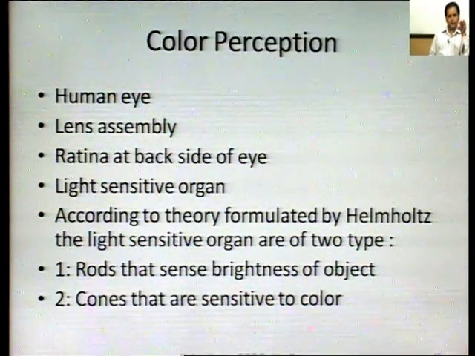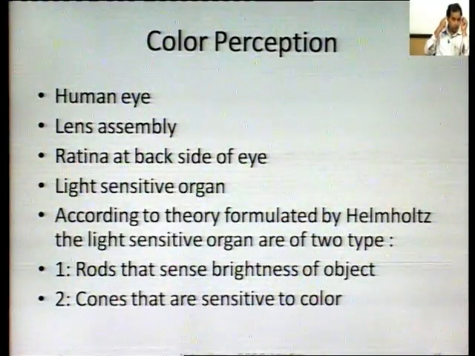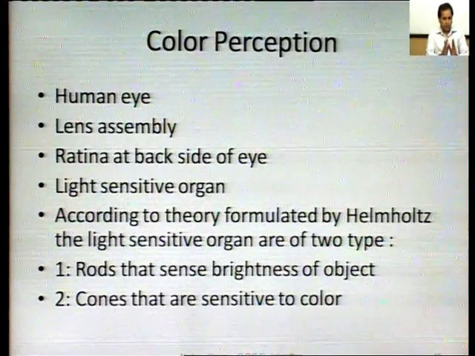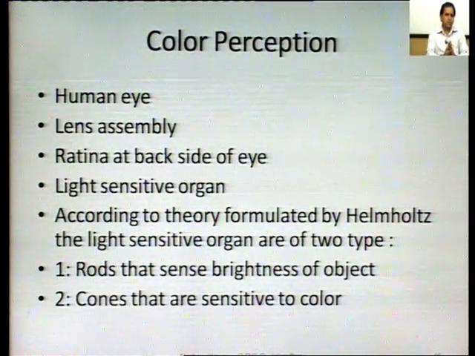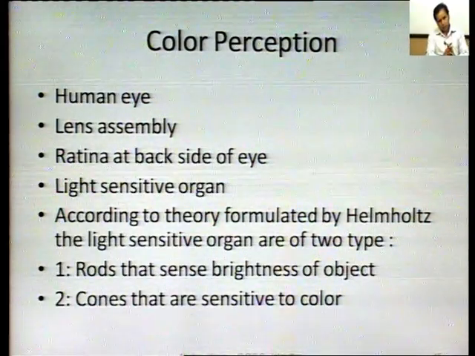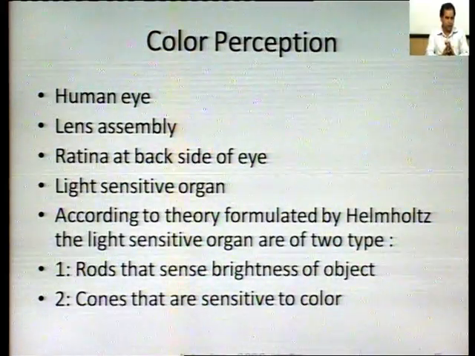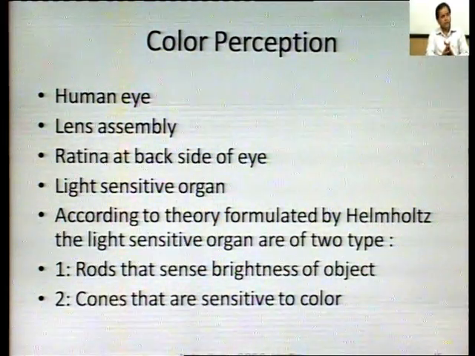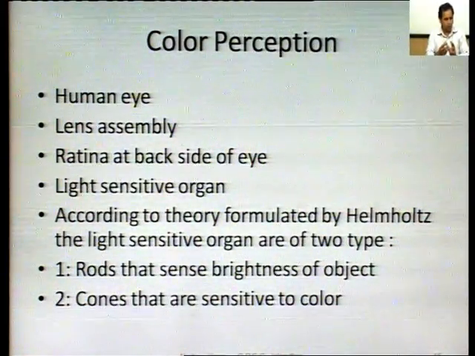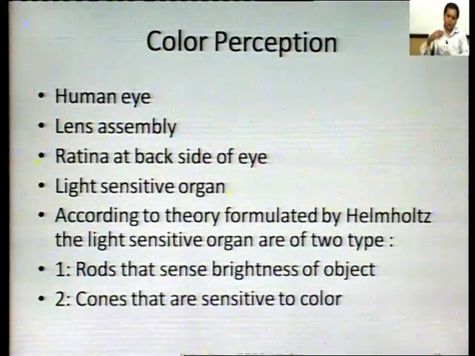When you see some object or scene, the rods are responsible for sensing how bright a particular object is, and the cones are sensitive to colors. What is the particular color of that object is sensed by the cones. These cones are formed at the retina of the eye.